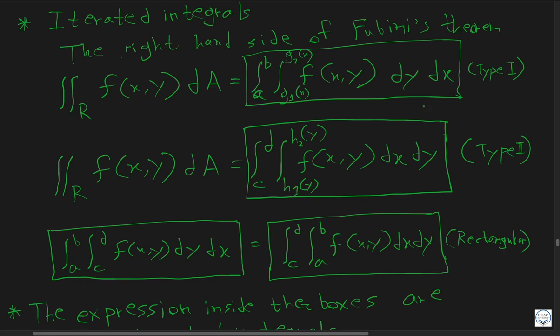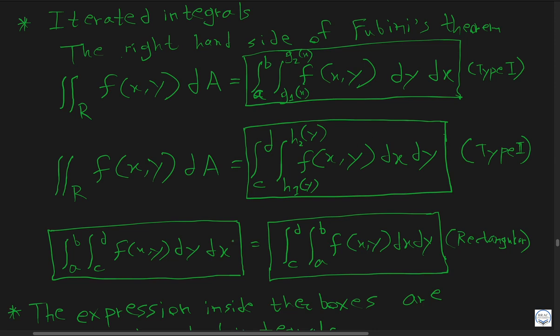Now we will use iterated integrals to solve some problems. Iterated integrals are simply the right hand side of Fubini's theorem. In the last video we applied Fubini's theorem in 3 different circumstances. One was on a type 1 region where we did the y integral first, and this is the right hand side of Fubini's theorem applied on the type 1 region. So this part in the box is an iterated integral.